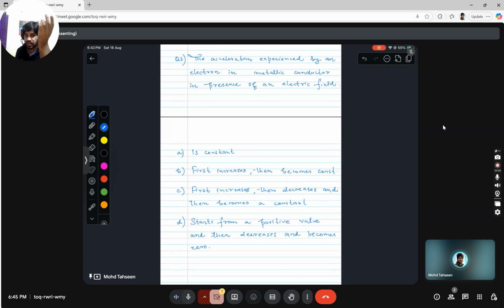There is nothing constraining it. So if there is a limit on the maximum attainable velocity, that means that at that velocity acceleration should be 0, right? And therefore the correct option for this one is option D, because electrons cannot accelerate indefinitely.